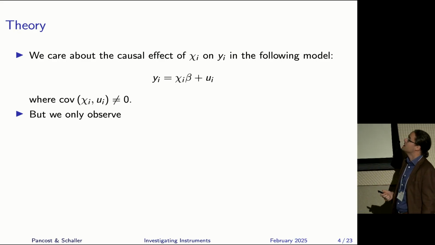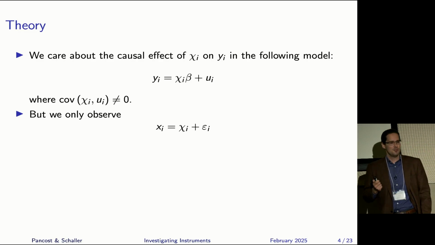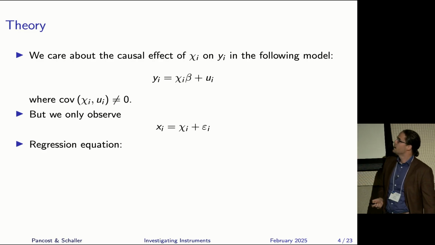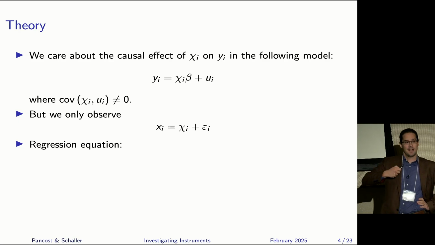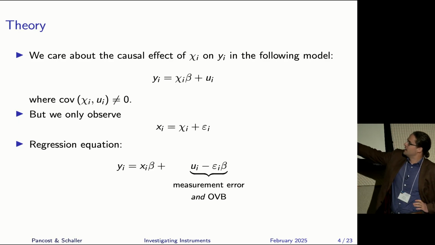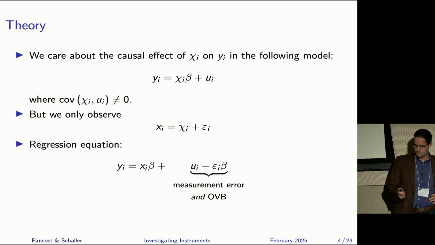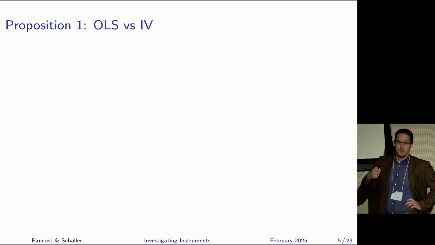It's probably the bigger problem. You don't observe chi, you observe x, and x is chi plus some noise. If you run the regression you can actually run, y on x, you're going to get this actual residual term. It depends on both measurement error and omitted variable bias, and it's going to be hard to tease those out in a single regression.